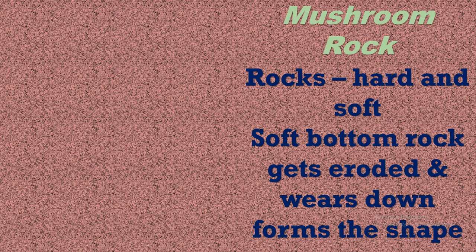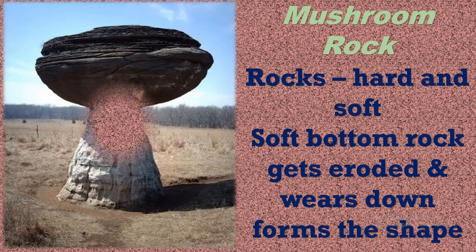So when the soft rock is at the bottom, it gets eroded and wears down to form the shape of a mushroom. This is how it gets eroded and gives the shape. It is like a real mushroom, isn't it, children?